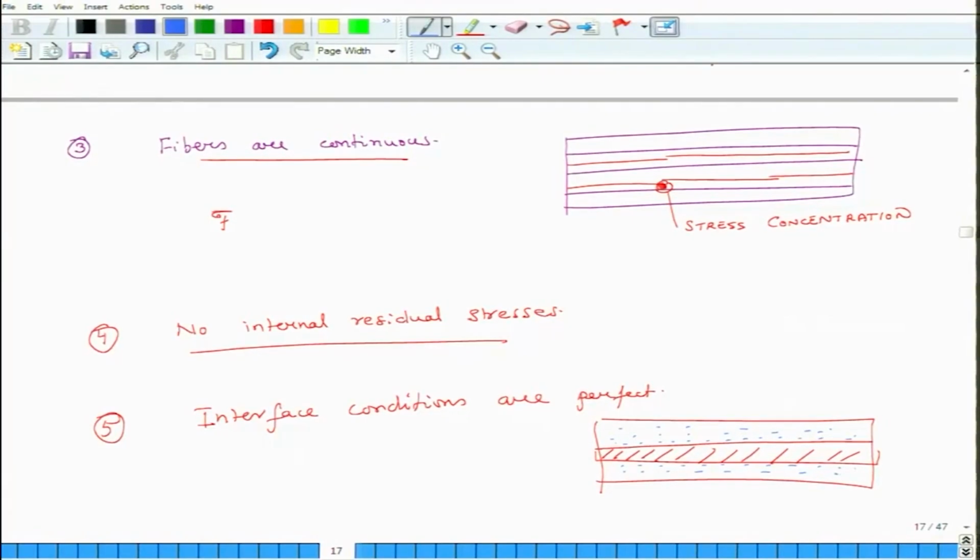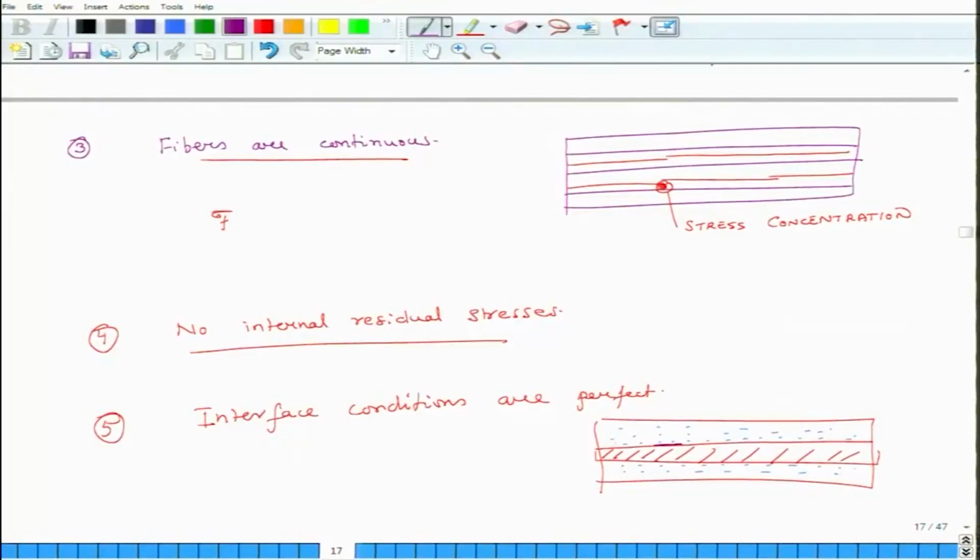And what this means is, using this perfect bonding assumption, we were able to assume that the strain in the matrix is the same as the strain in the fiber, and from that we developed all expressions related to Young's modulus, longitudinal modulus as well as the strength.